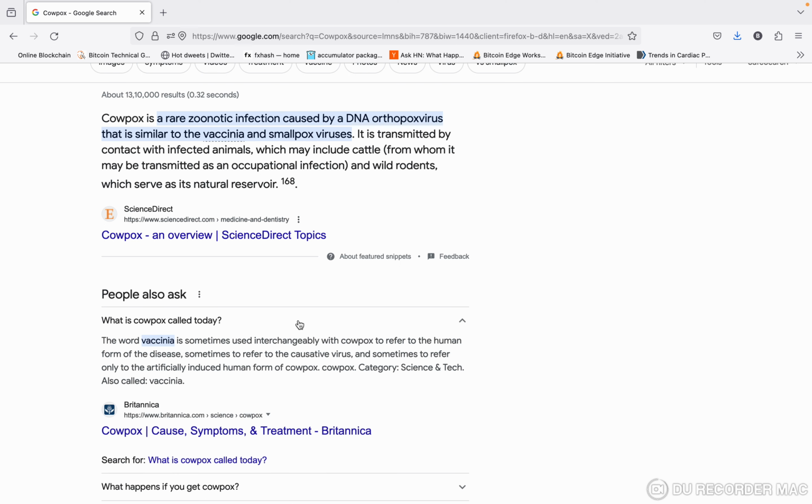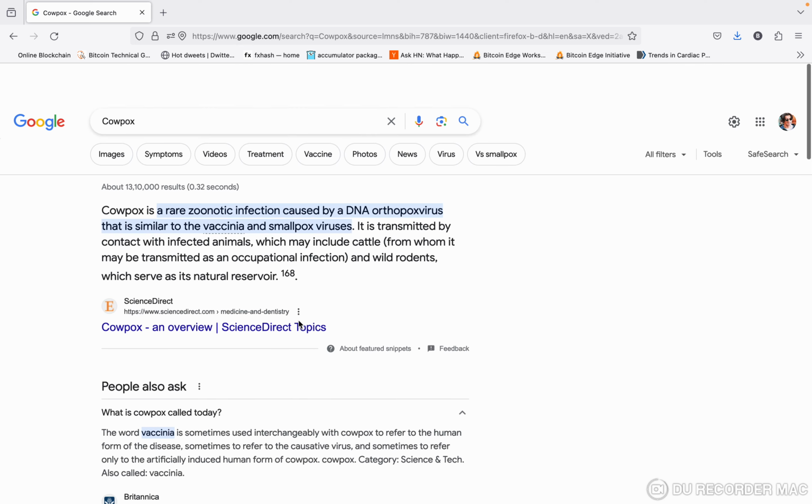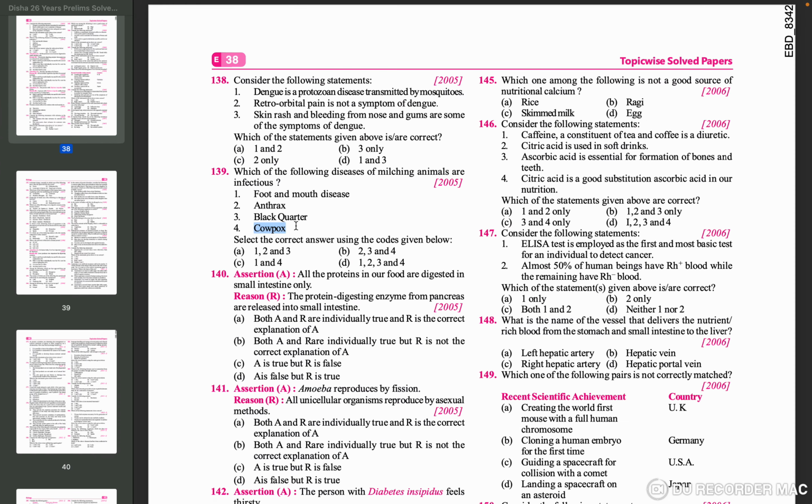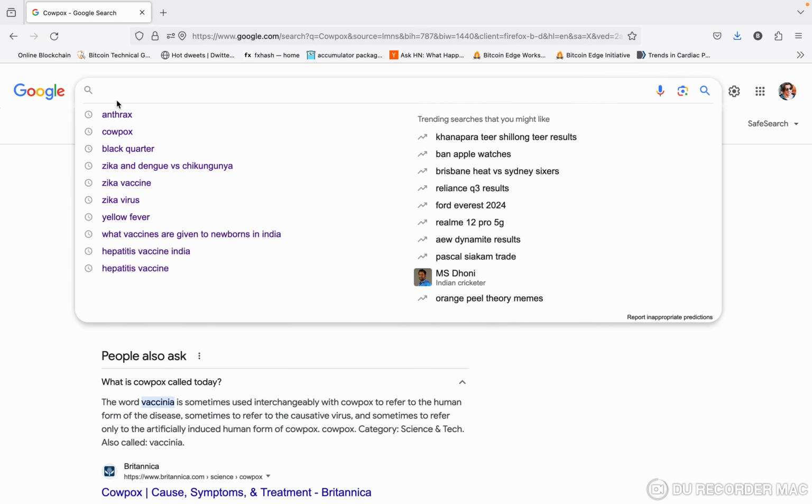It has a different name also. Let me check what are the diseases caused where cows and domestic animals are the spreader.